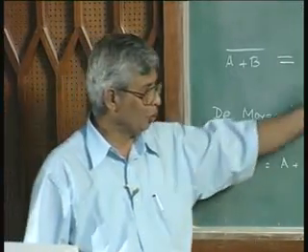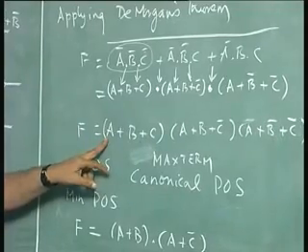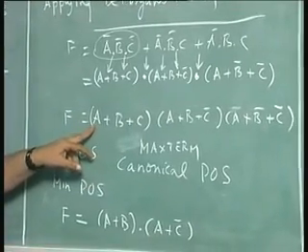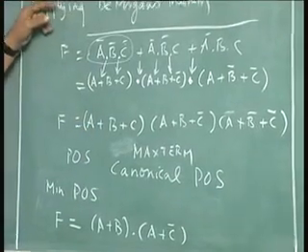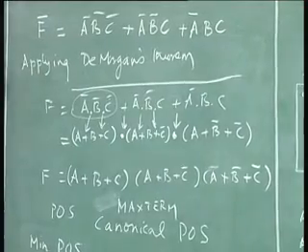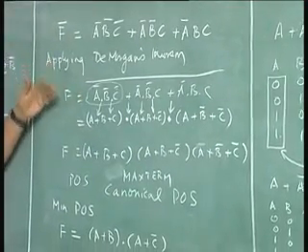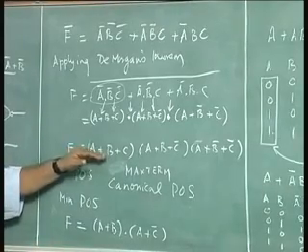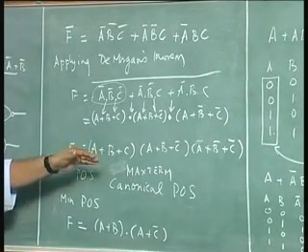I wanted to go through this exercise of taking the canonical product of sums expression from the truth table. Instead of starting with something which is true, I started with something which is false. Apply De Morgan, that means this becomes something for which the output is true. So this is the function. But the expression is not a sum of products, it is a product of sums expression.